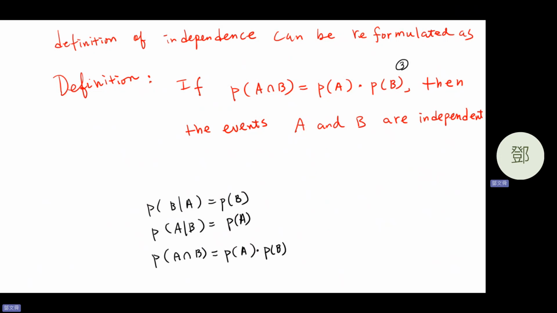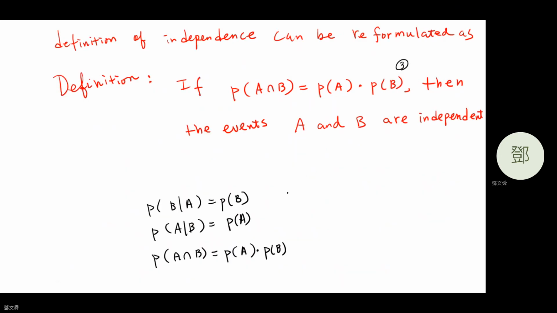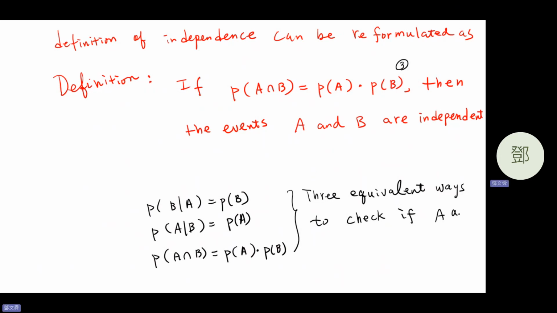So the following three equalities are equivalent to check if A and B are independent.